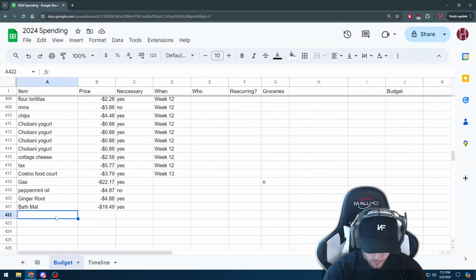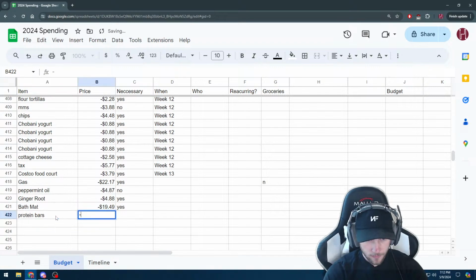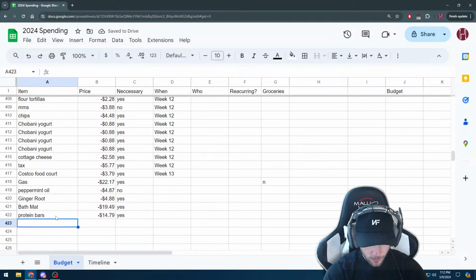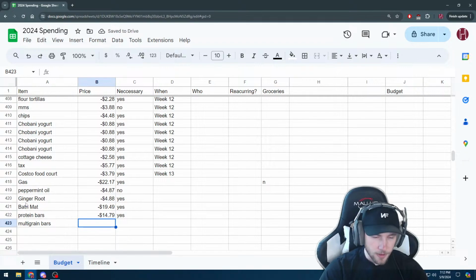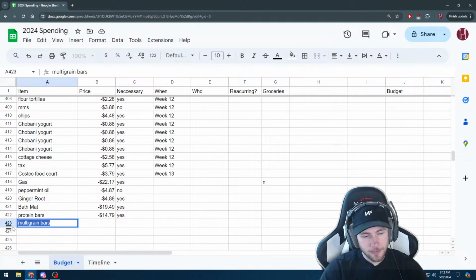Oh, we got some protein bars. 14.79. And some multi-grain. Oh, that's bread.